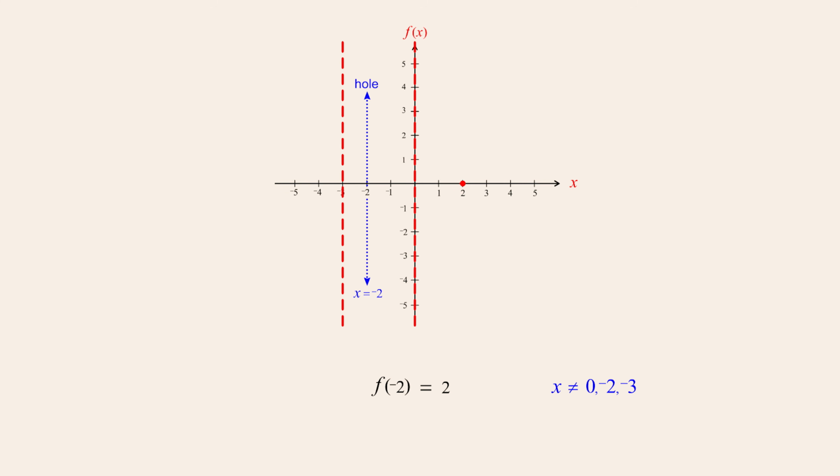So when x is negative 2, the value of the simplified function is 2, and so the hole's coordinates are negative 2, 2. We know that the graph must pass through this hole.